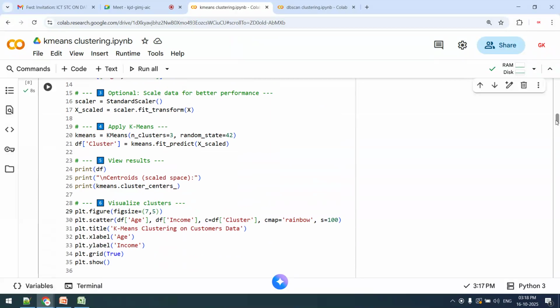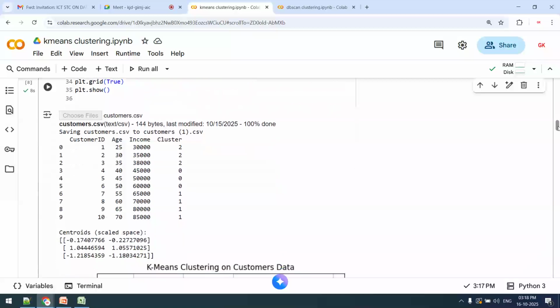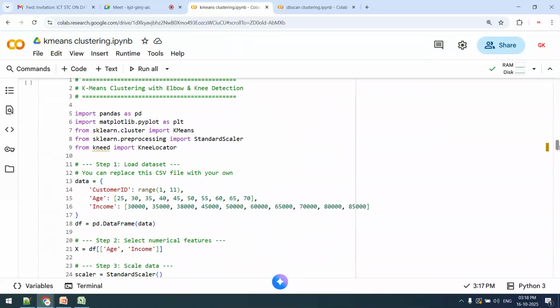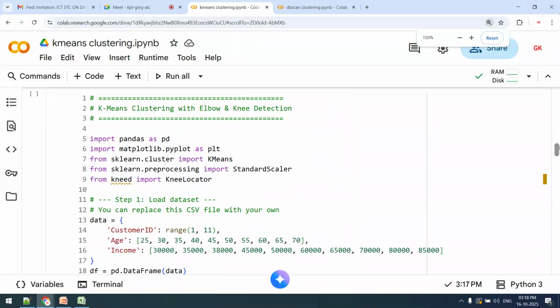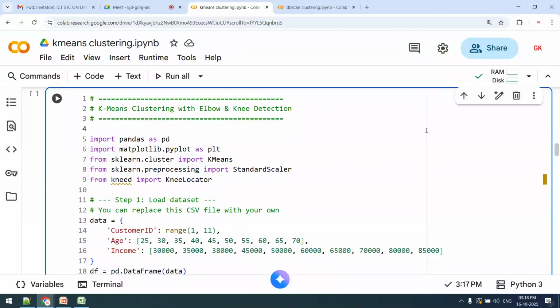In that case what do we do? We use a specific technique known as knee and elbow detection: K-means clustering with knee and elbow detection.